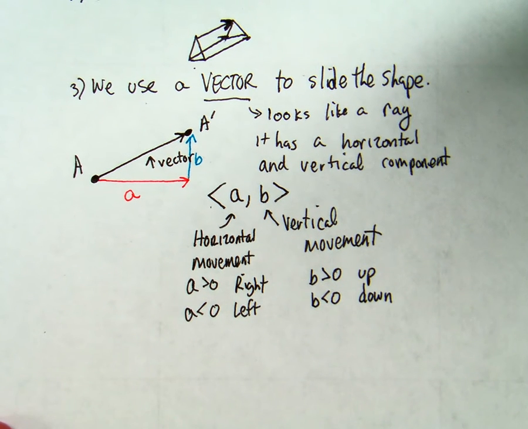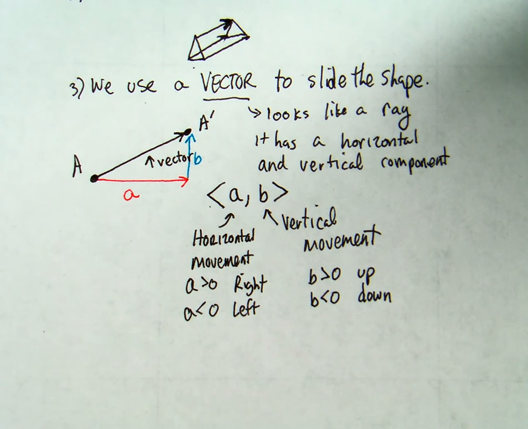So basically what this vector is going to do is tell us where we're going to put the new shape. We're going to start with the shape, and I'm going to get a horizontal movement, vertical movement, and then we're going to put that on a coordinate plane and kind of go from there.